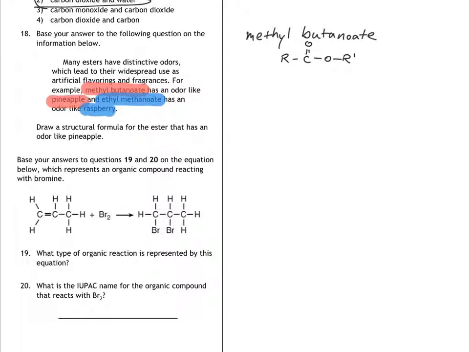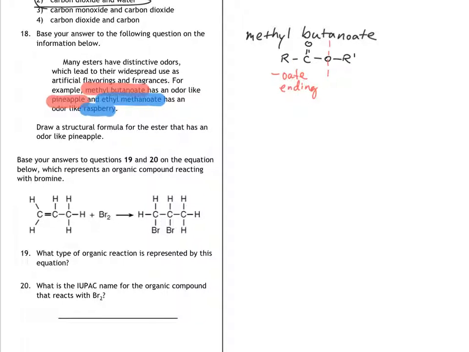You always will have an R group on the left and an R group on the right, and the double bonded oxygen and the oxygen bridge are a place where you can draw that dotted line. So you can draw the dotted line down the oxygen bridge, and the side that has the double bonded O, this side, gets the ending oate.